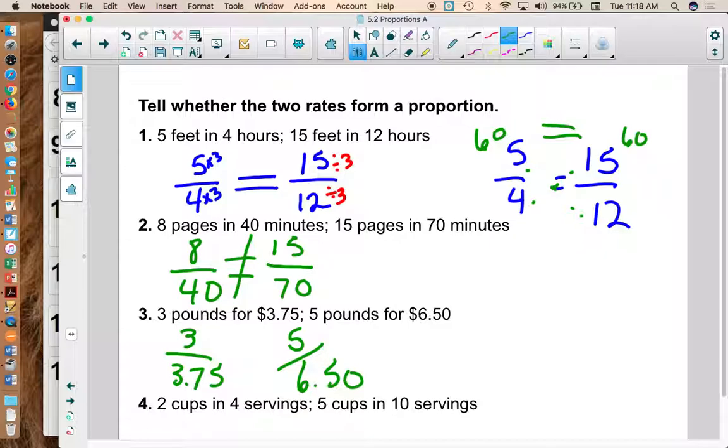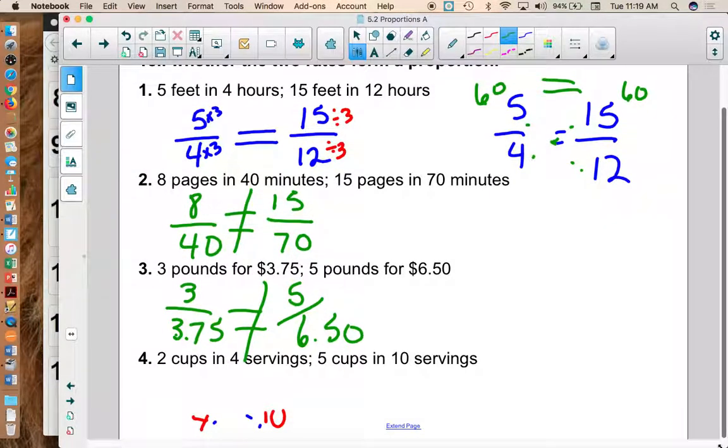One, two, three, showdown. They are not equal. Not equal.